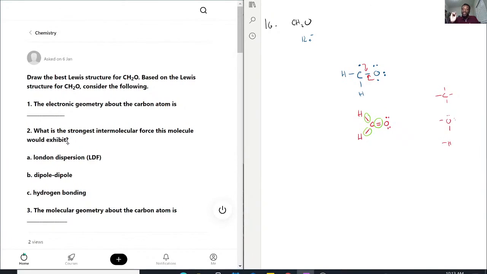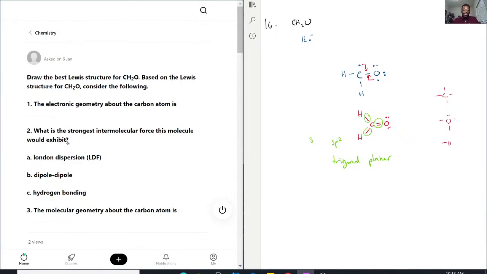Because of that, it now has 3 bonding pairs. And so the shape, based on this having just 3, its hybridization is sp2, and the shape is trigonal planar. So that will be the electron geometry.